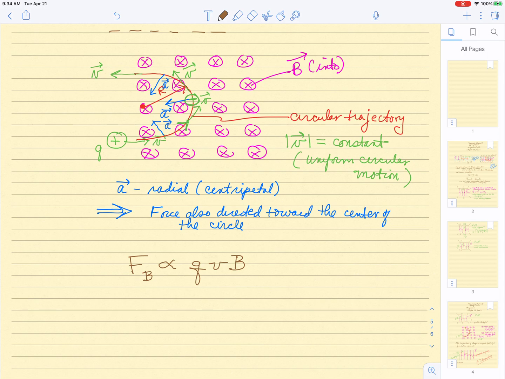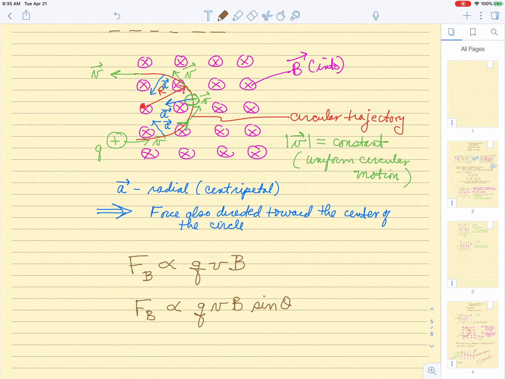So I smell a trigonometric function. What trigonometric function is 0 when two vectors have a 0 angle between them, and maximum when the angle between the two vectors is 90 degrees? Right? So I smell a sine function, and so the magnetic force now in magnitude is proportional to Q V B times the sine of theta.